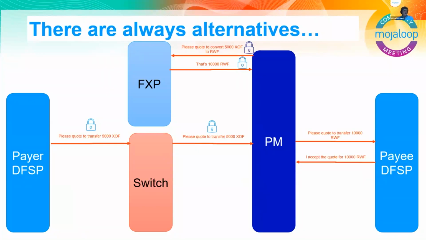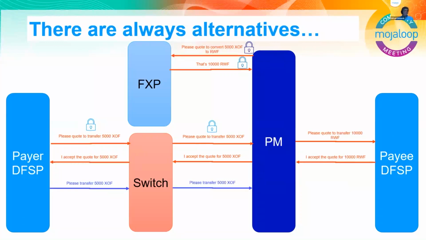It comes back and says, I accept the quote for 10,000 Rwandan francs. Payment manager converts that and signs it. Sorry, I've left off the signatures from now on because I think you will see that the signatures now all match up. In each case, the message is signed by the originator or by the payment manager, who is already a proxy for the payee DFSP. That comes back as accepting the quote for 5,000 West African francs, the payer DFSP, which now says, great, let's do the transfer.